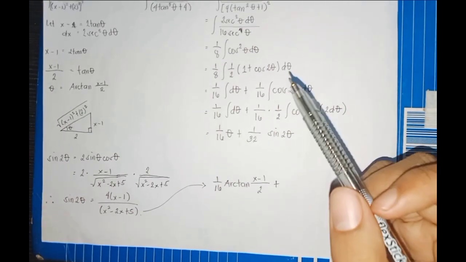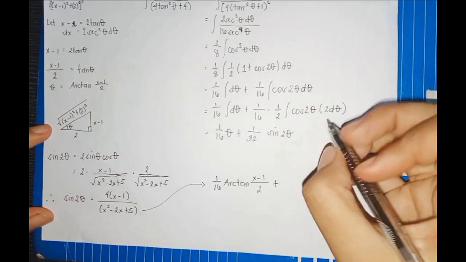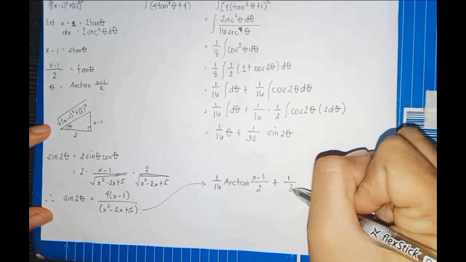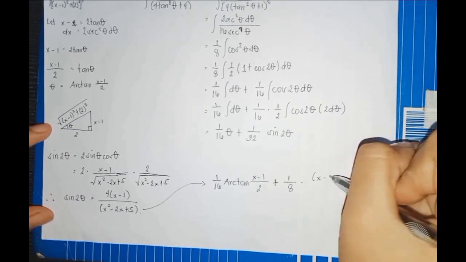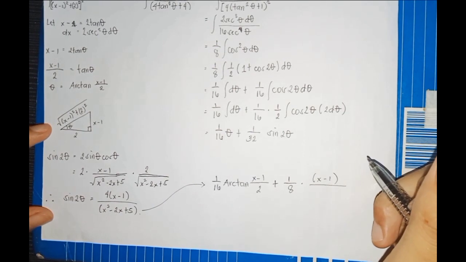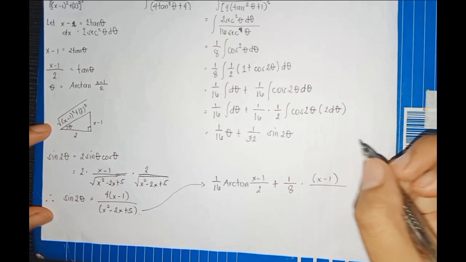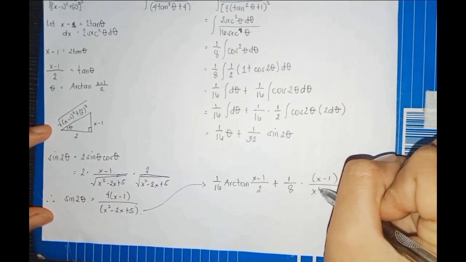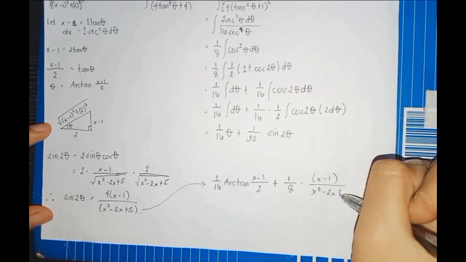We have 1/8 times x minus 1 all over x squared minus 2x plus 5.